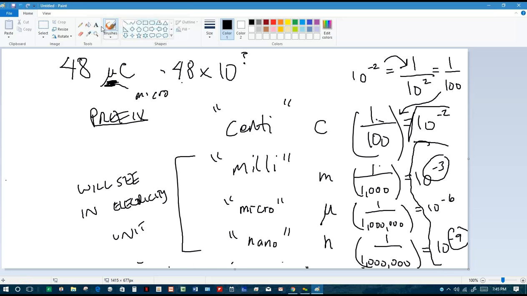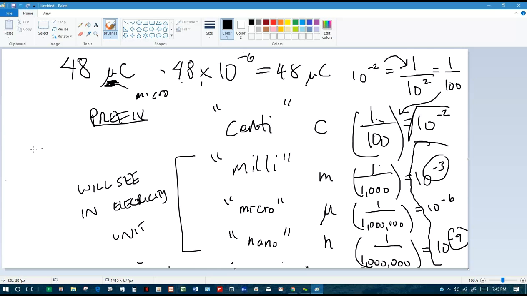Yes, good, exactly. So when you go to a calculator to deal with that in a problem, you would type in 48 times 10 to the minus 6, because that value is equal to 48 microcoulombs, 48 millionths of a coulomb.